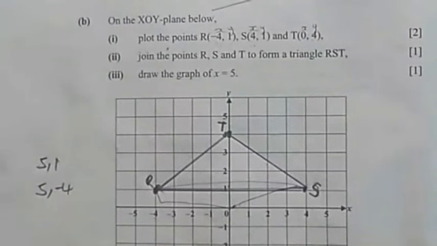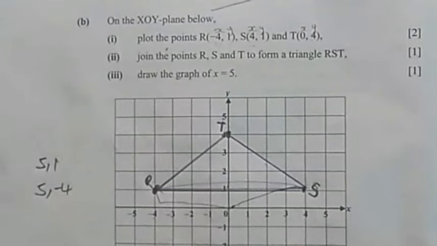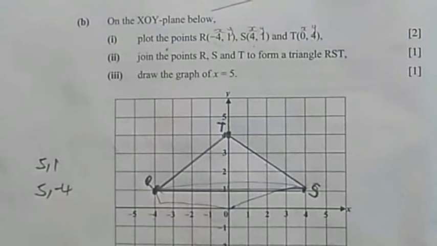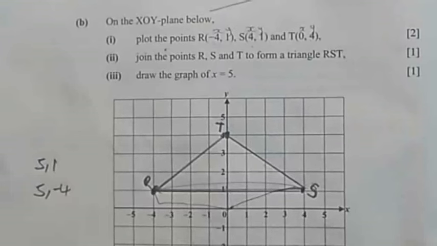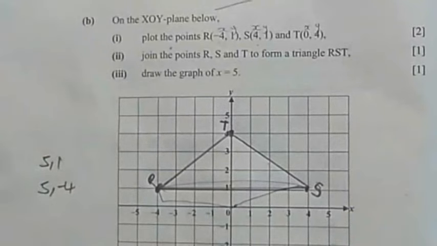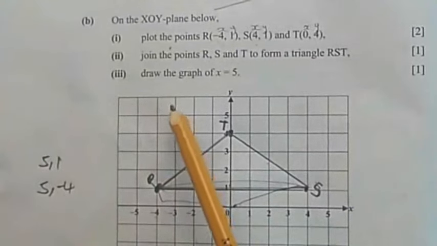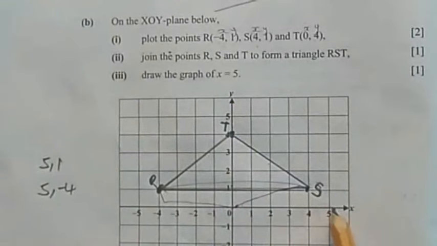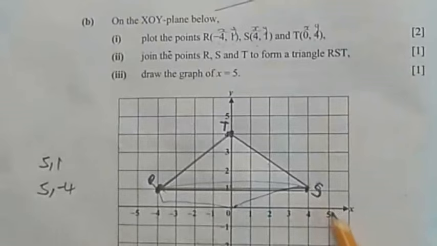It doesn't matter whichever number is the coordinate for y, but x should always be 5. So since they're saying x should always be 5, this graph is going to be here because this is the line of 5. This x-axis is reading 5, so the line is going to stand here.